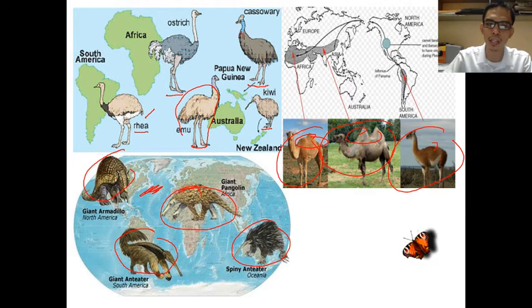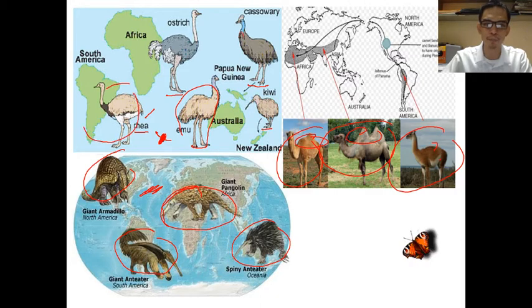In my guess, these organisms probably have one common ancestor, located in one place. Then when the continents separated, the population of their ancestors was also separated. What happened?